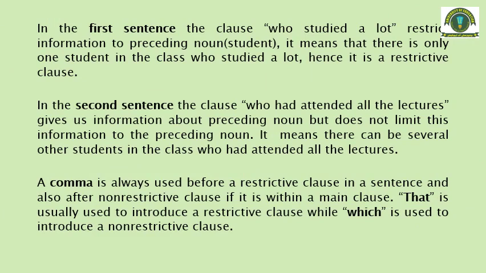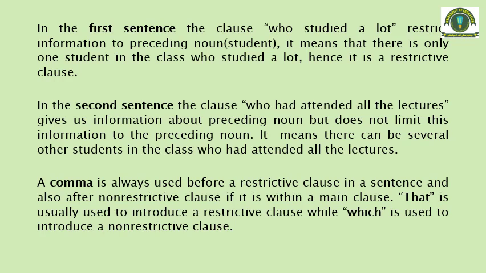Here we have just explained the detail of what we have studied back in the restrictive clause and non-restrictive clause. In the first sentence, the clause "who studied a lot" is a restrictive clause, restricting the information of the preceding noun. It means there is only one student in the class who studied a lot.